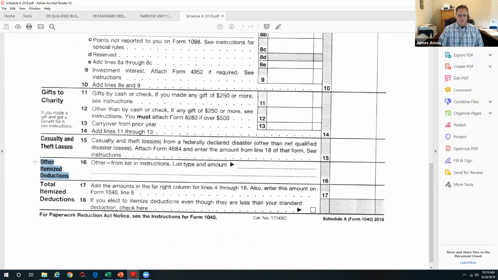You could deduct all those things, and most of them were subject to the 2% limit. The 2% limit worked the same way as the medical, which we'll talk about in a second. So this doesn't exist anymore. It's just gone.